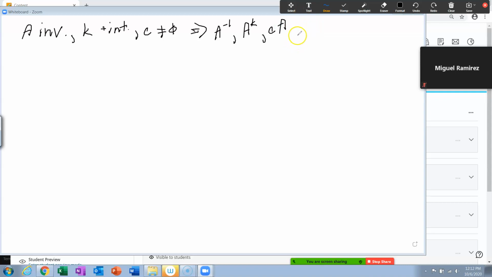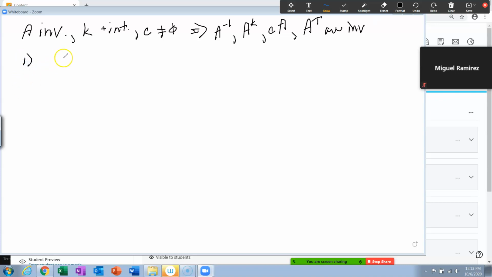And A transpose. Remember A transpose? Reverse the rows and columns of A. Okay? If this is invertible, then all these are also invertible. Okay? Now, the following statements are true.